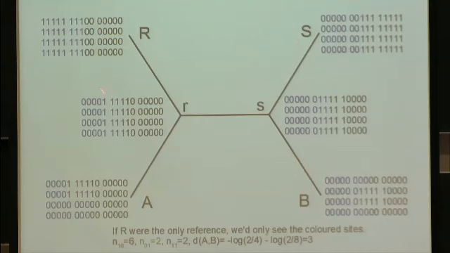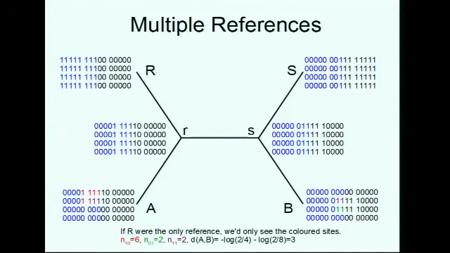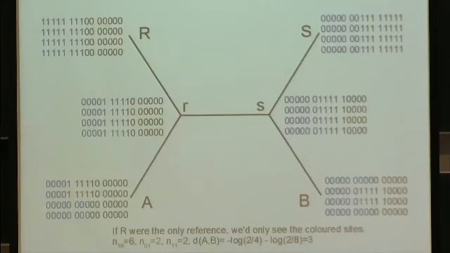If we just had R as our only reference taxon, so A, B and S are just normal taxa, and we've made our chip with respect to R, then we'd only see the coloured fragments. We don't see any of the black ones. And then in that case we get a good estimate of our distance between A and B.